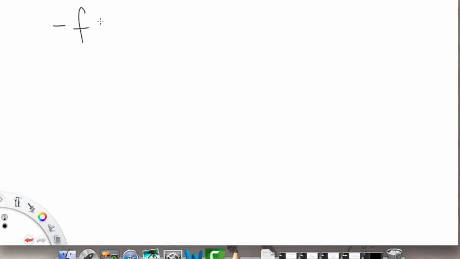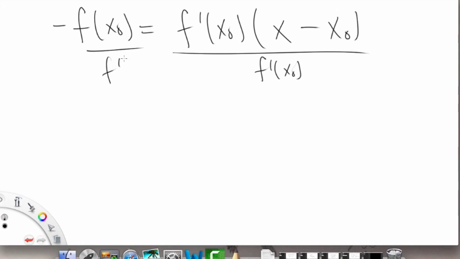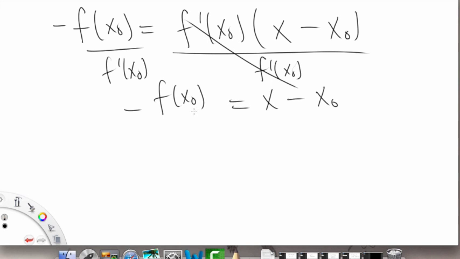So at this point we have negative f of x naught is equal to a positive f prime of x naught times x minus x naught. Then we divide by f prime of x naught. So we get x minus x naught is equal to negative f of x naught over f prime of x naught.